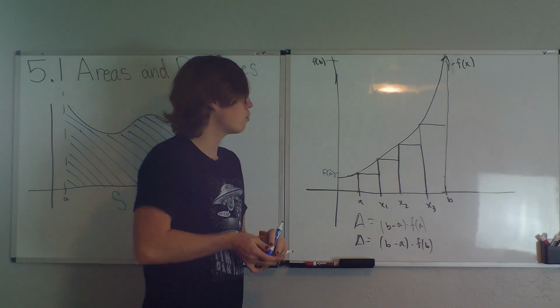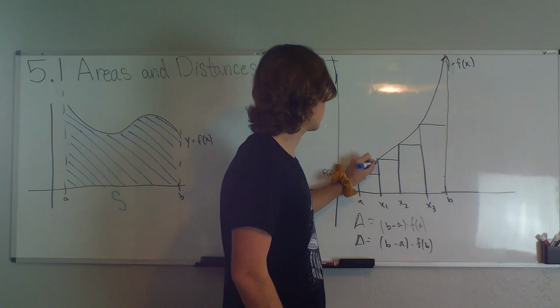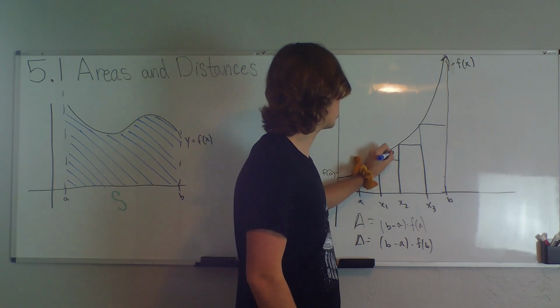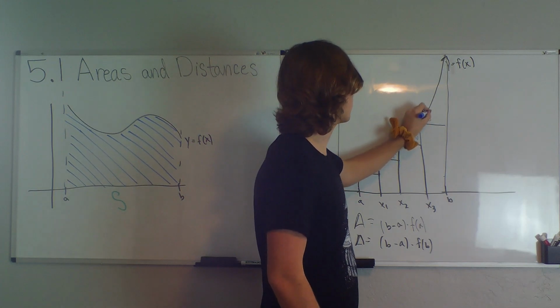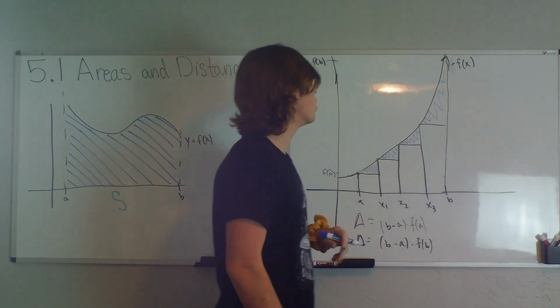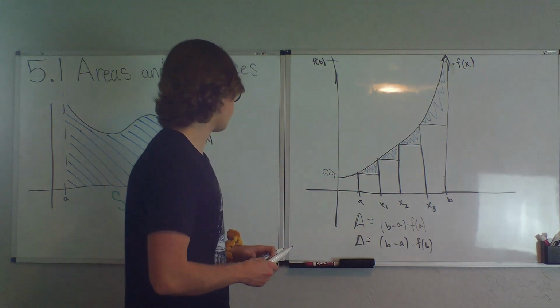In blue we see all the area that isn't part of our rectangles but should be. If we want to find the true area, it requires all of this blue, but it's not there. It's only these rectangles.